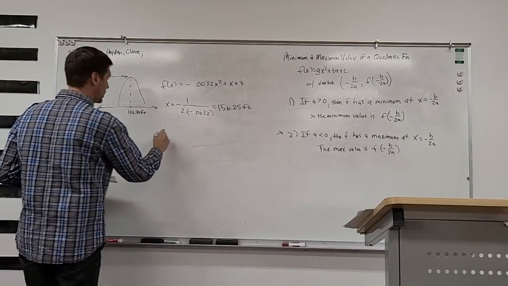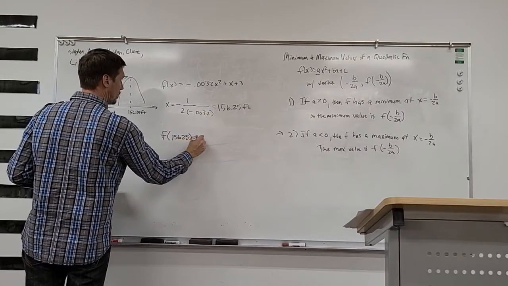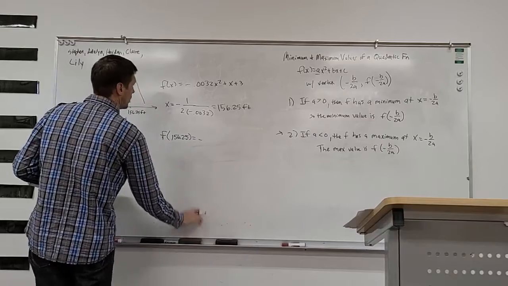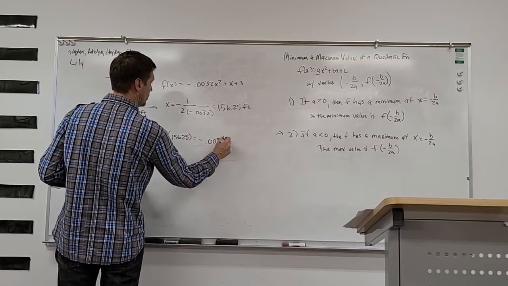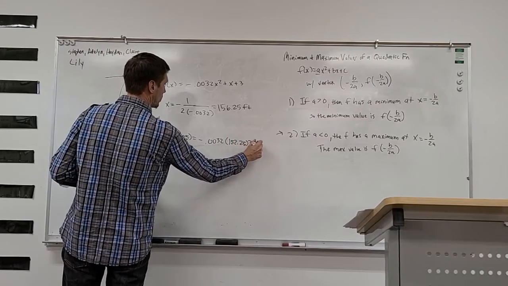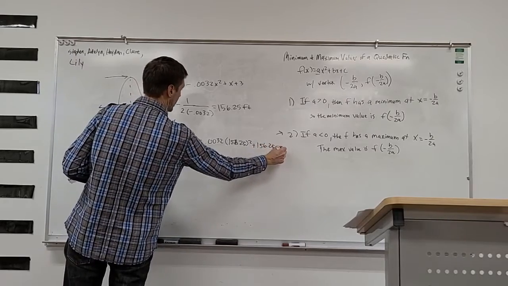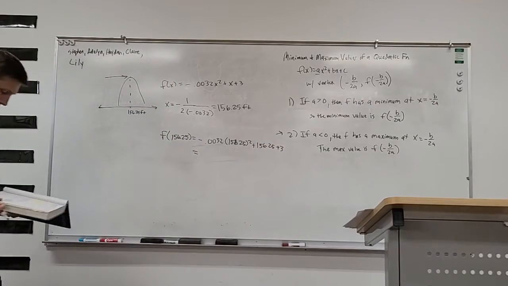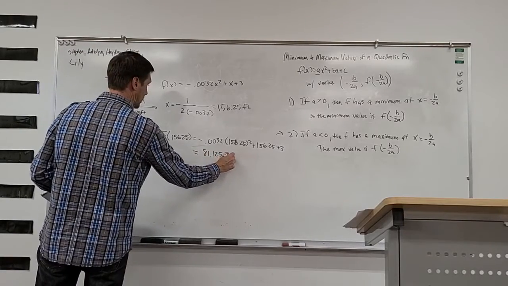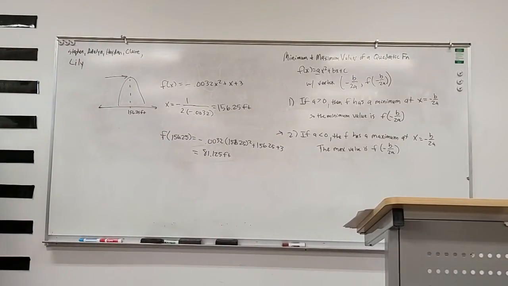So we say f of 156.25 equals negative 0.0032 times 156.25 squared plus 156.25 plus 3. And when we punch all that in our calculator, we get a value of 81.125 feet.